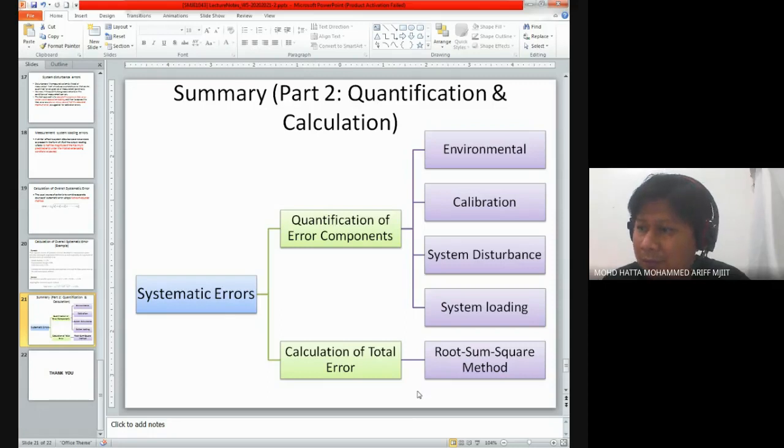For the second part, calculation of total error, when we combine all those errors that we quantified, which is based on assumption, we use the root sum square method in order to quantify the overall or combined error value.